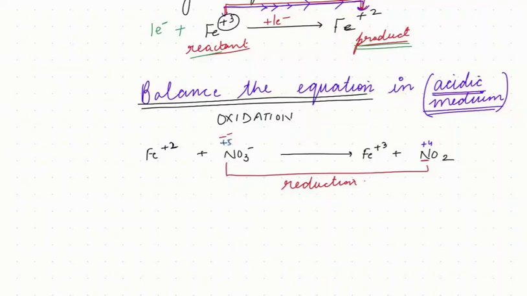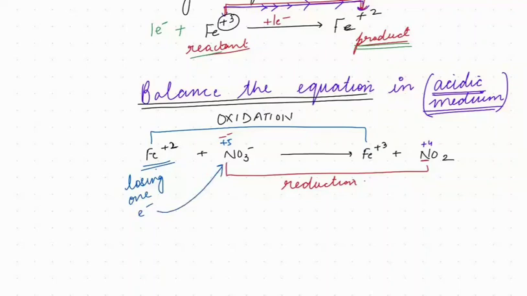When two things are reacting, Fe is losing one electron to become Fe plus 3, and that one electron is actually gained by NO3 negative. That's how it is changing its charge from plus 5 to plus 4. I hope you're understanding.